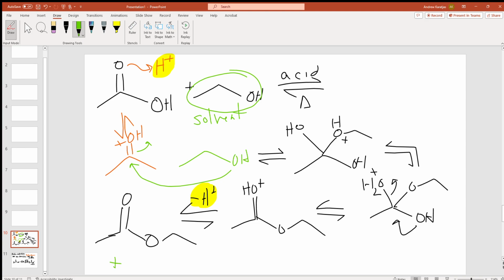Typically, it's not uncommon to try and take advantage of the water as a byproduct and to remove that from the solution. But normally, we just use the alcohol as the solvent. And that means we might be using several hundred equivalents of the alcohol. And so, by having a ton of extra starting material, that takes advantage of Le Chatelier's principle to push the entire equilibrium forward.